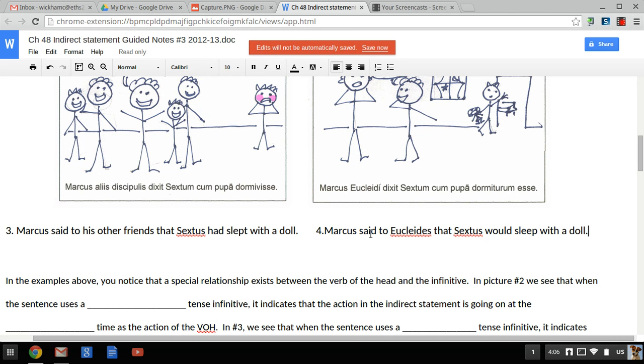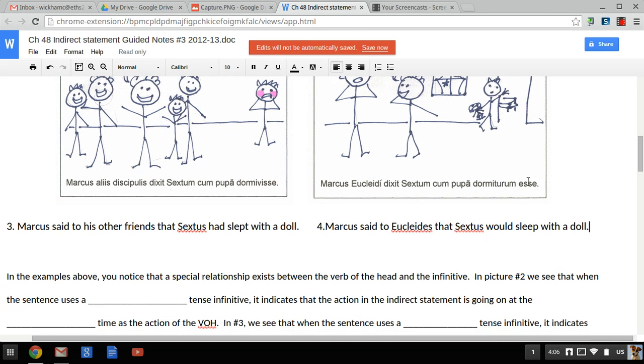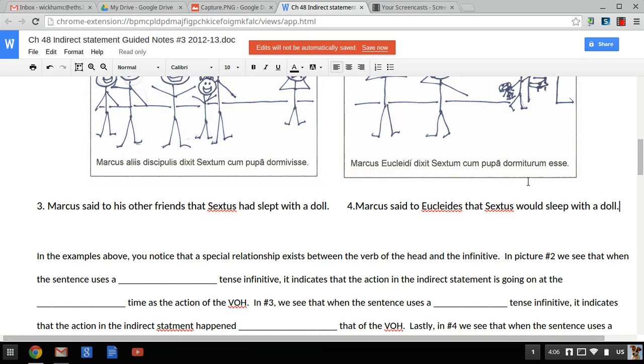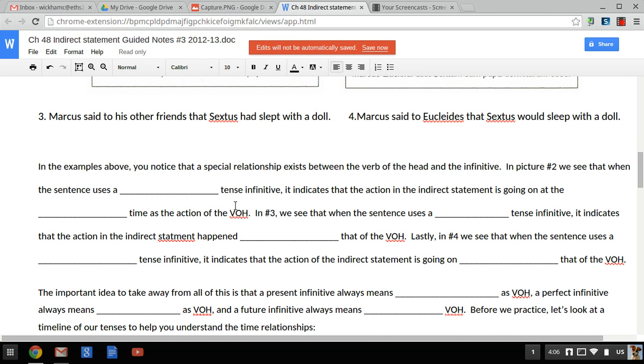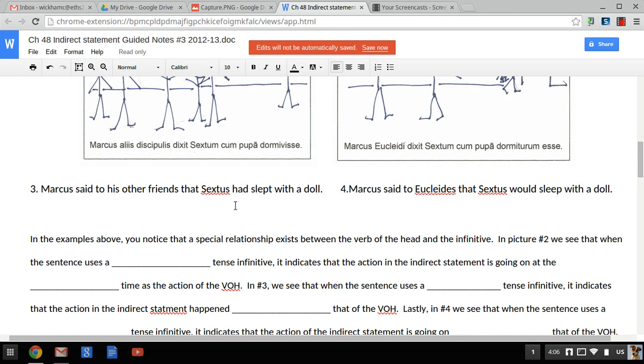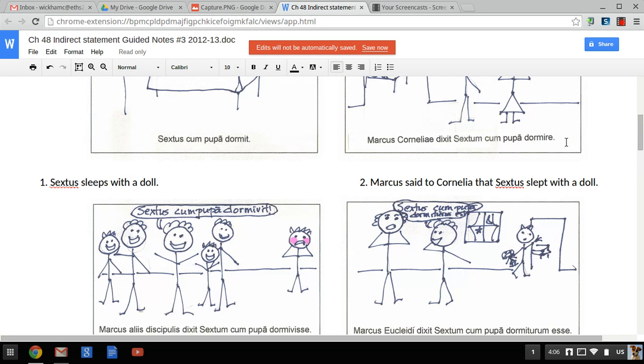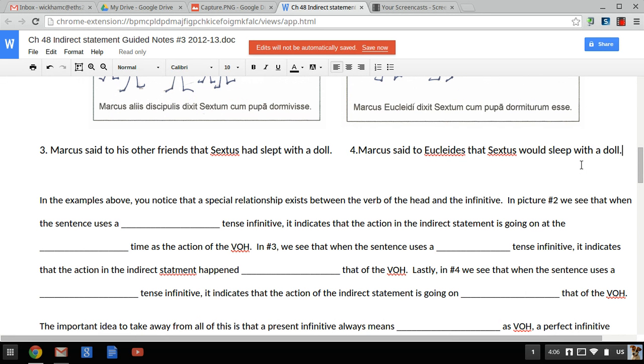But now that we've moved into the past, we're going to translate dormitorum esse as would sleep. So hopefully in the examples above, you notice that a special relationship exists between the verb of the head and the infinitive. So a special relationship exists between dixit and dormivisse, between dixit and dormitorum esse, and between dixit and dormire.